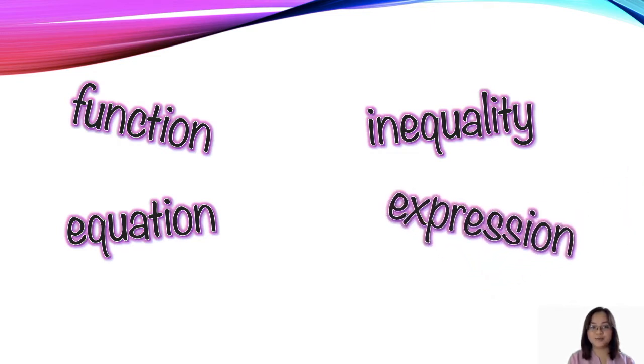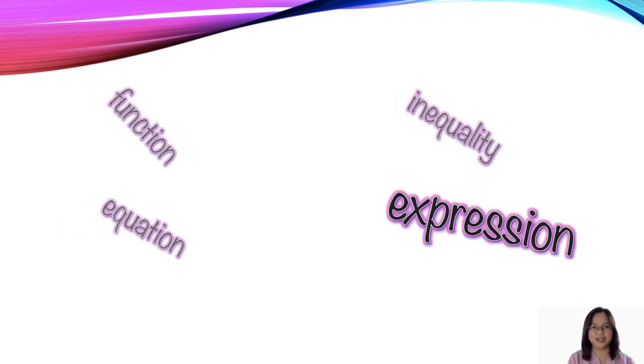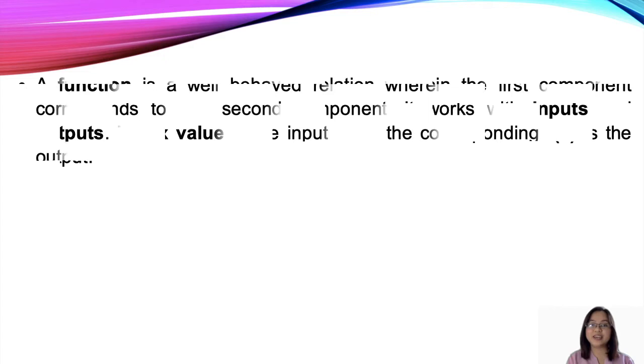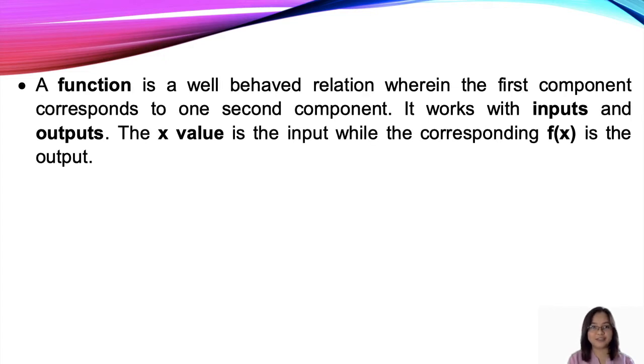So let's define first what these are. Let's recall. When we talk about function, it's a well-behaved relation wherein the first component corresponds to one second component. It works with inputs and outputs, and the x value is the input while the corresponding f of x is the output.